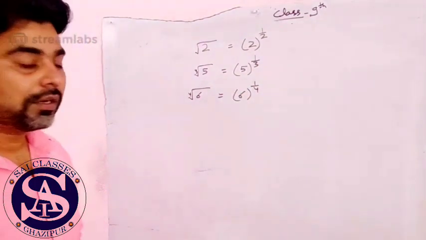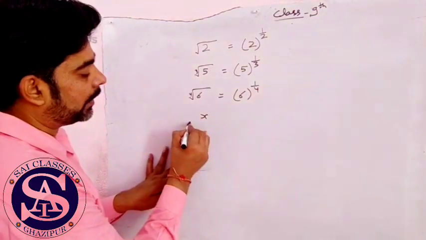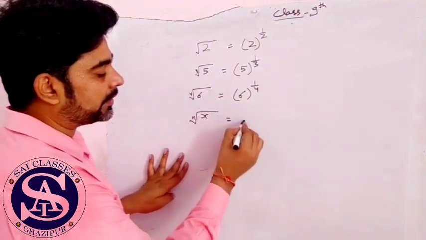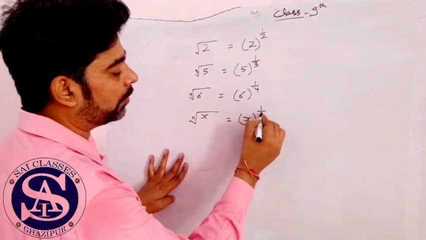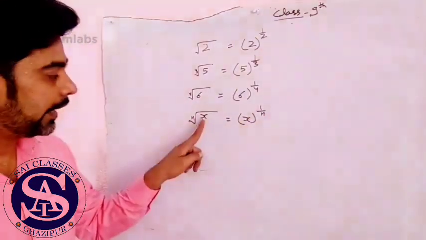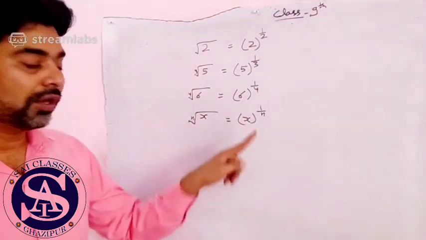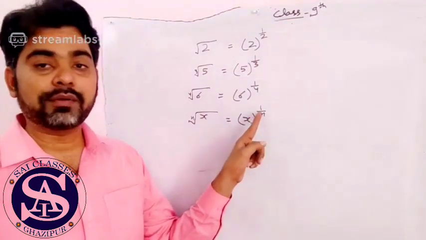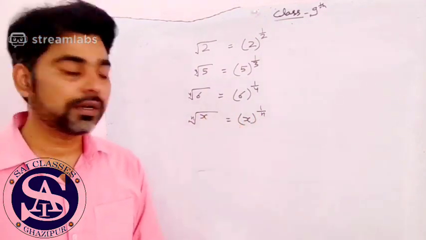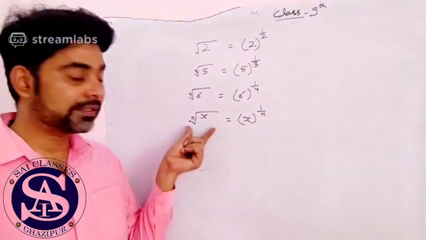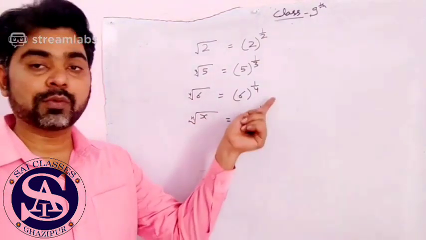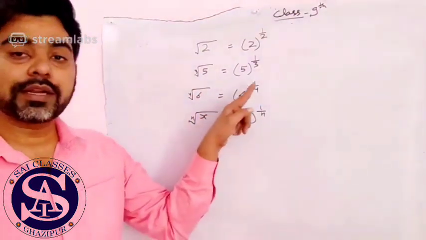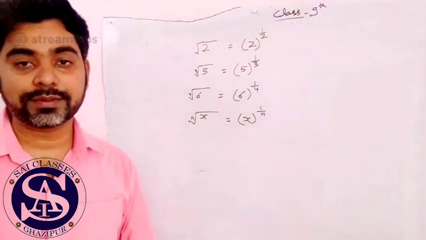In general, nth root of x can be written as x raised to 1 upon n. What we have to do is put the degree of the radical in the denominator of the power 1. The degree here is n, so we write 1 upon n. The degree of this radical is 4, so we write it as 1 upon 4.